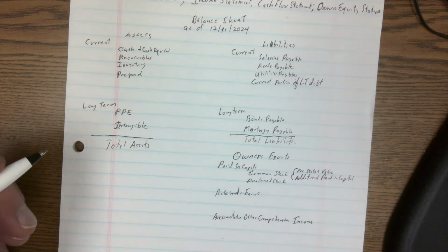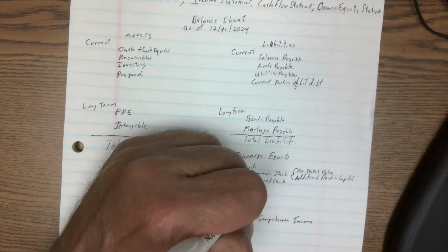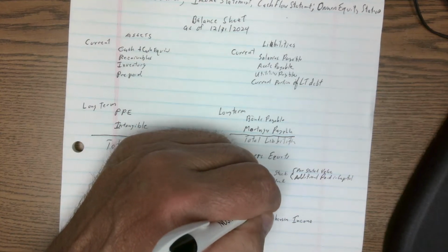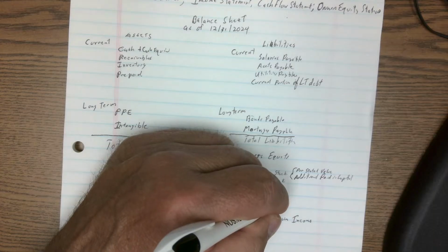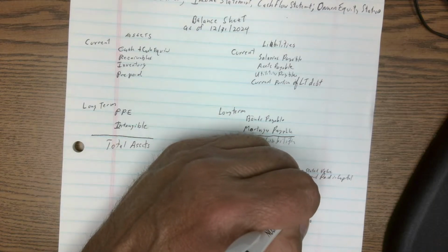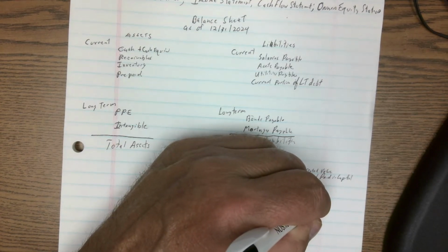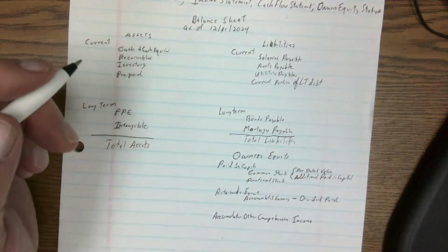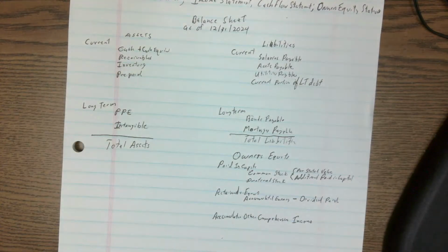So retained earnings is very simply the accumulated earnings of a company minus any dividends paid. Okay. And then accumulated other comprehensive income. On the income statement, there's something called other comprehensive income.